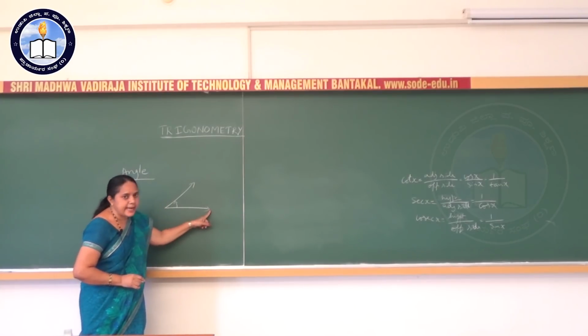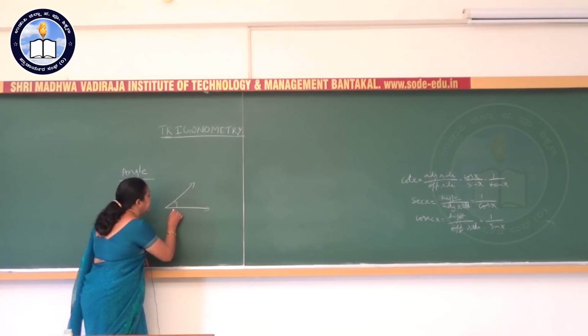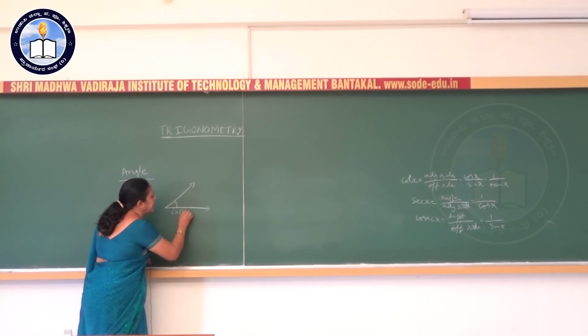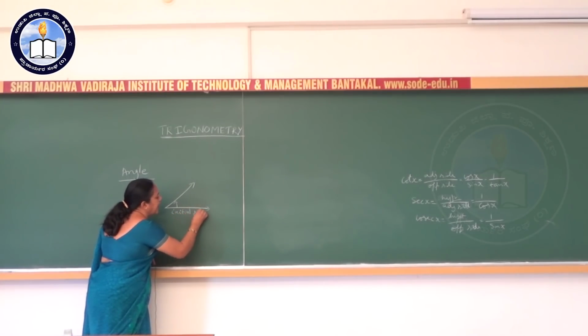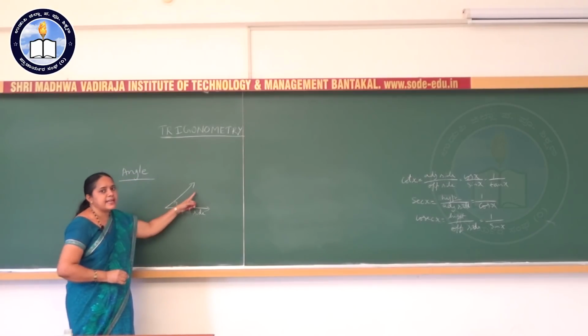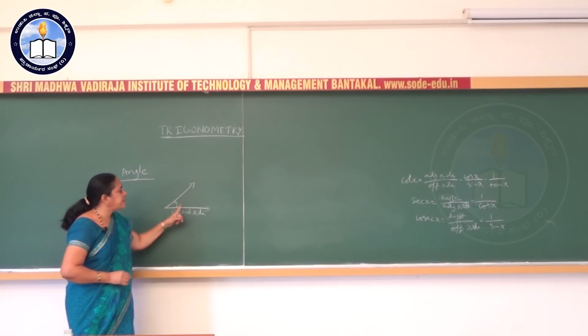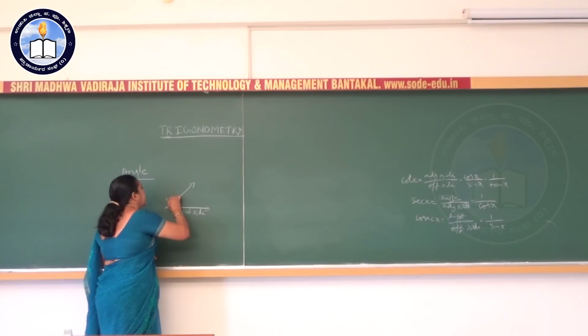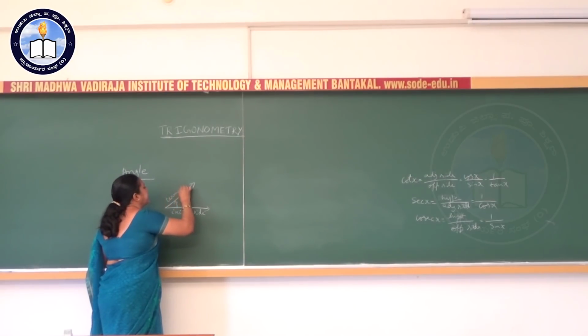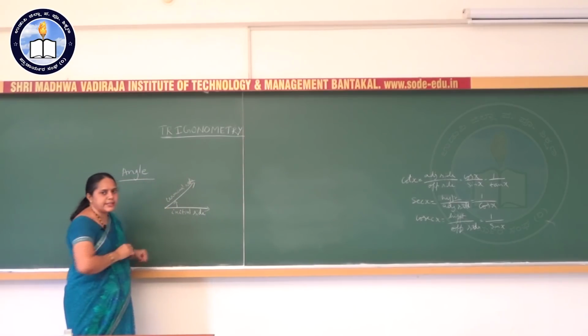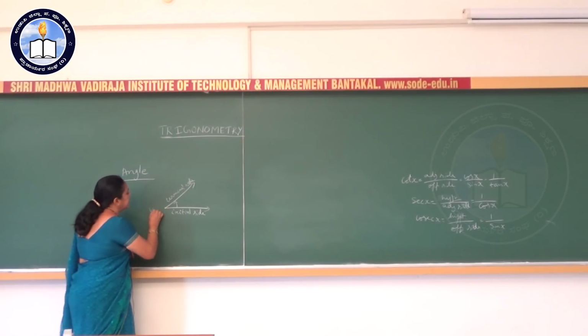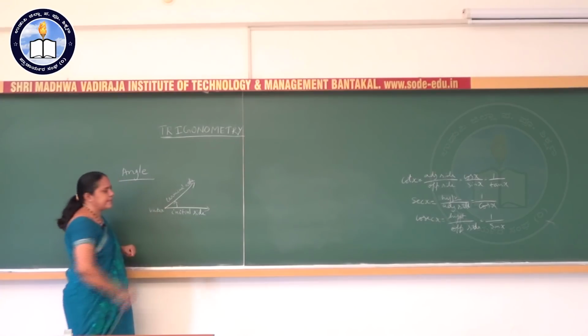The original ray is called the initial side of an angle, and the final position of the ray after rotation is called the terminal side of an angle, and the point of contact is called the vertex.